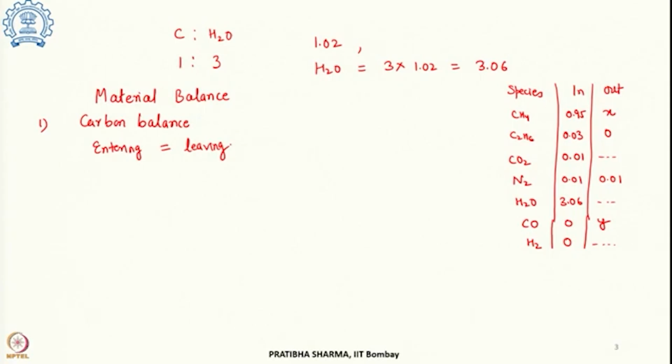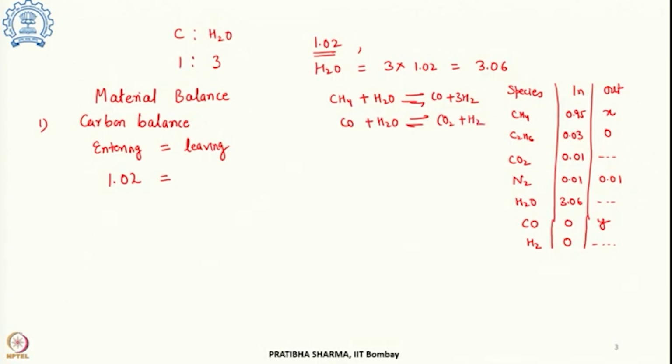Starting with the carbon balance, the carbon present at the inlet side is 1.02, which we have found, and that is equal to, if we see the two reactions again here, what is leaving.